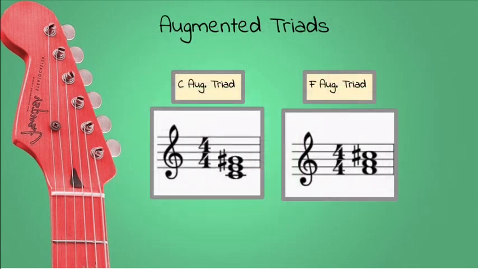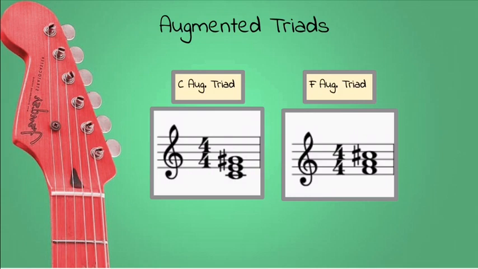Augmented, as you learned long ago, means made larger. The context of the word augmented when it deals with triads means that you raise the fifth degree 1/2 step. It's not pretty unless it's used correctly.